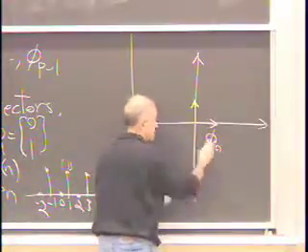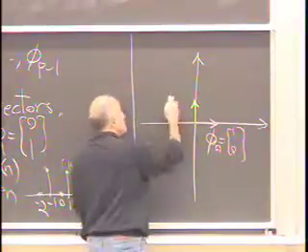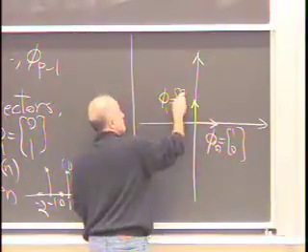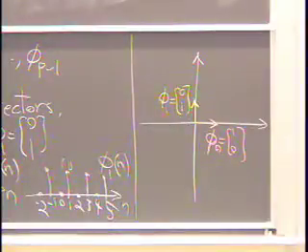So this was 1, 0, and this is 0, 1. And actually, what was the x vector that I used last time? Let's stick with the same one. Was it 2, 3? It was 1, 2? It was 1, 2, okay.